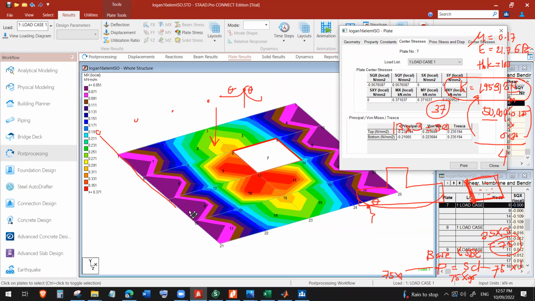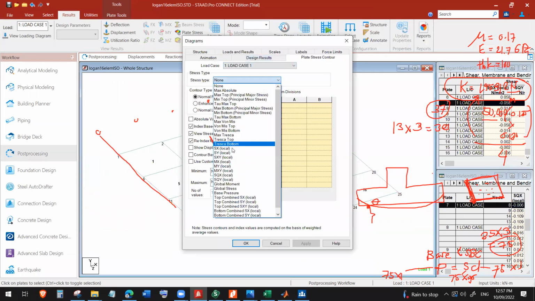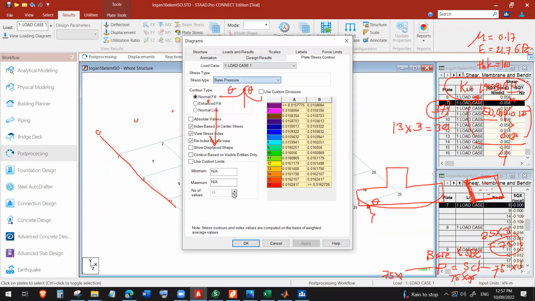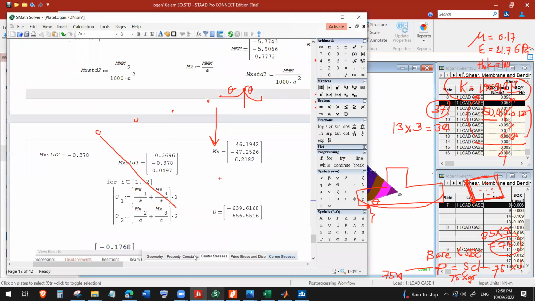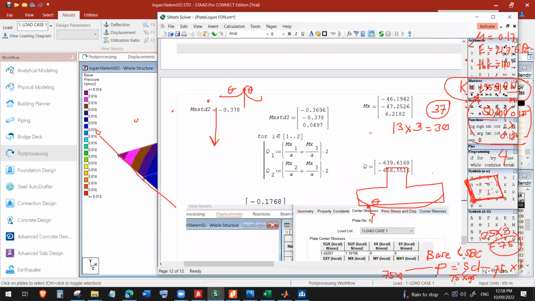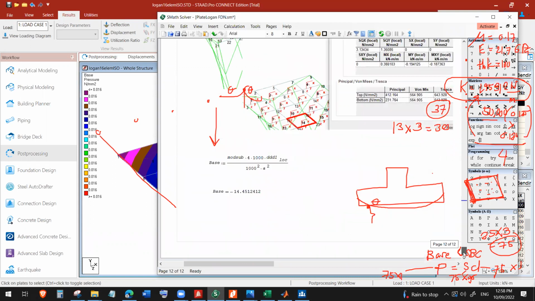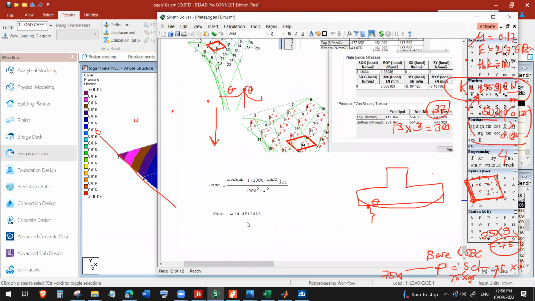How about the base pressure? Let's check base pressure. Apply. According to this result, the base pressure at node 13 is about 16 kilopascal. Let's check what our code obtained. Yeah, so we are able to get 14.45.